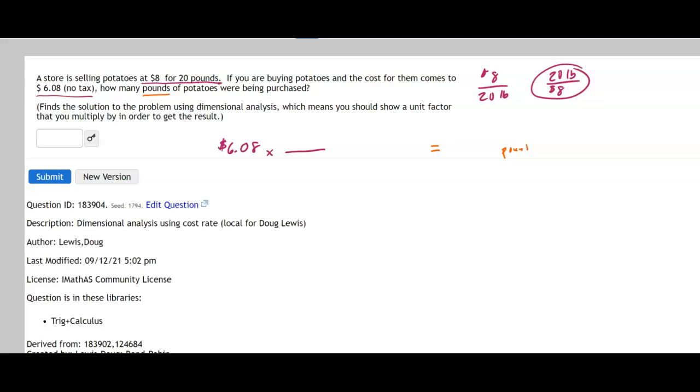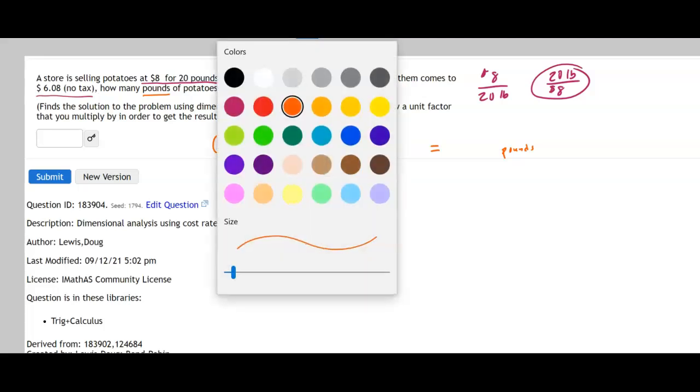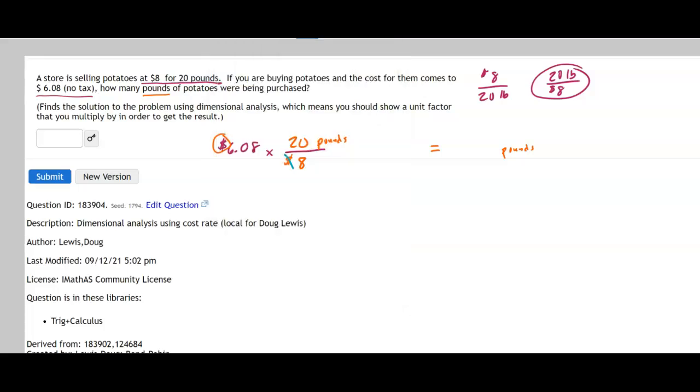So we want dollars in the denominator, so the dollars will reduce out and our only remaining unit will be pounds.